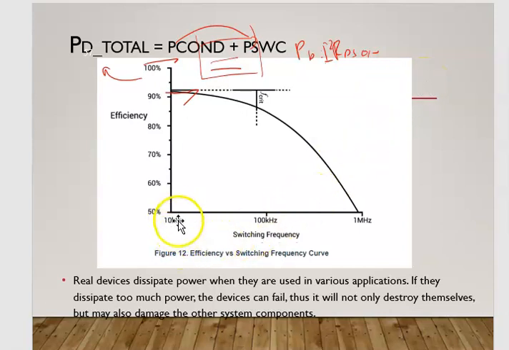Okay, you can see over here the range of switching frequency, from 10 kHz up to the megahertz range. Usually megahertz is applied on the communication side, but for power switching we only apply up to hundreds of kilohertz. Why do we take 10 kilohertz and above, usually 20 kilohertz and above?